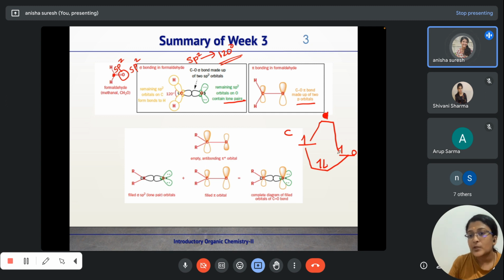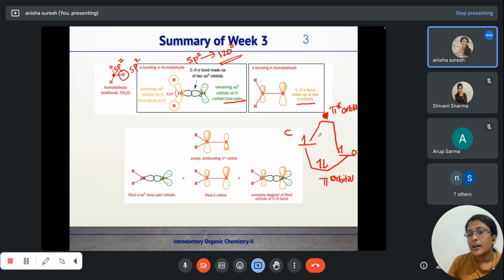So these electrons will be combining to form the pi orbital. This is pi orbital, and this will be the pi star orbital. So pi orbital will be having major contribution from oxygen as it is energetically similar to that of oxygen. And in case of pi star orbital, it is energetically closer to that of the carbon.